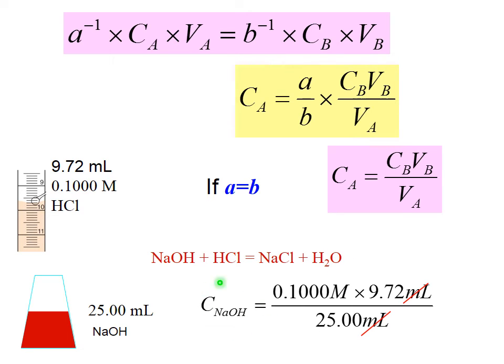The concentration of my sodium hydroxide will be, looking at this formula, the concentration of my titrant, which I know, times the volume that was necessary to run the titration, which I know, divided by the volume I delivered in my flask. mL and mL will cancel each other, and concentration will be in molarity units.